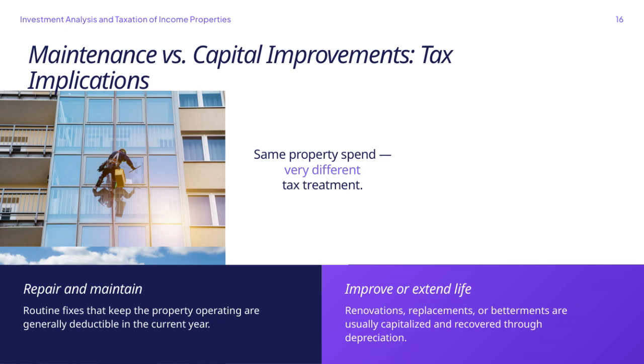Instead, they are capitalized and need to be recovered over time through depreciation. This means that even though you may spend the same amount on the property, the tax treatment can be very different depending on whether the expense is considered maintenance or a capital improvement. Understanding this difference is crucial for correctly managing taxes on income properties and optimizing your investment analysis.